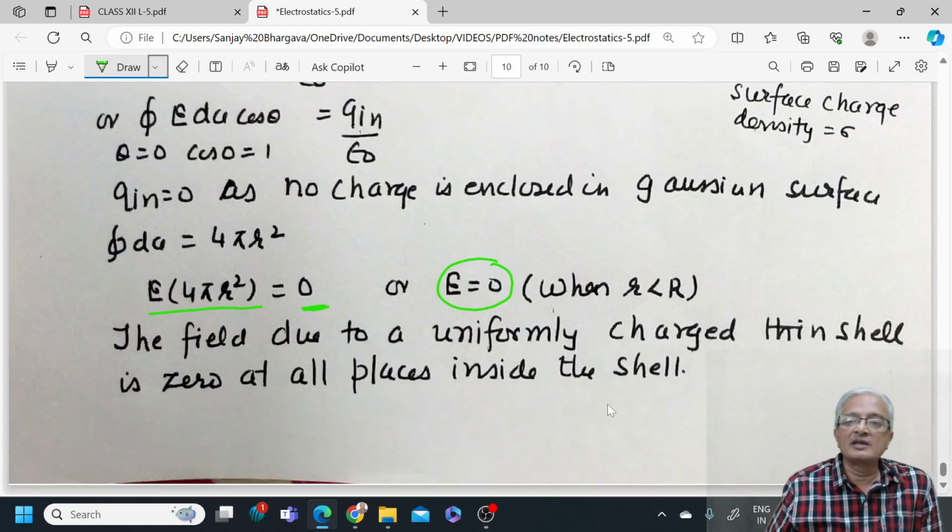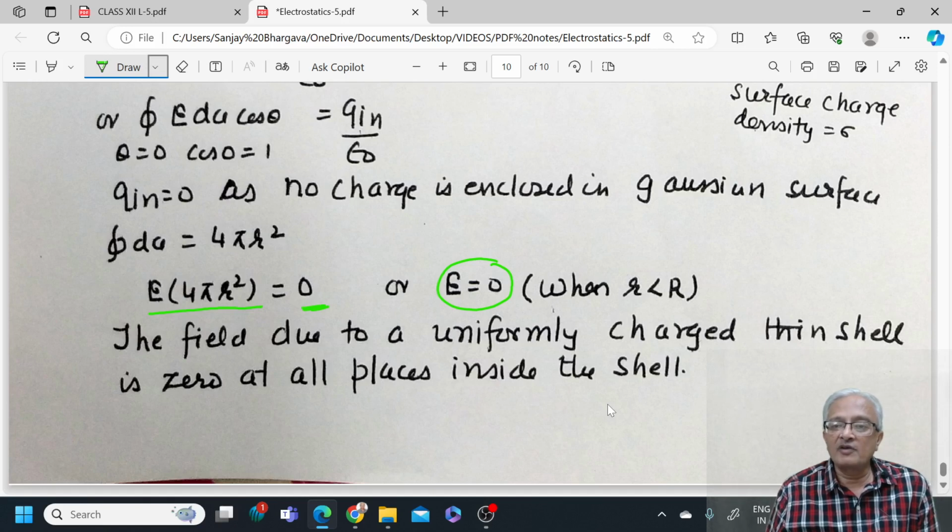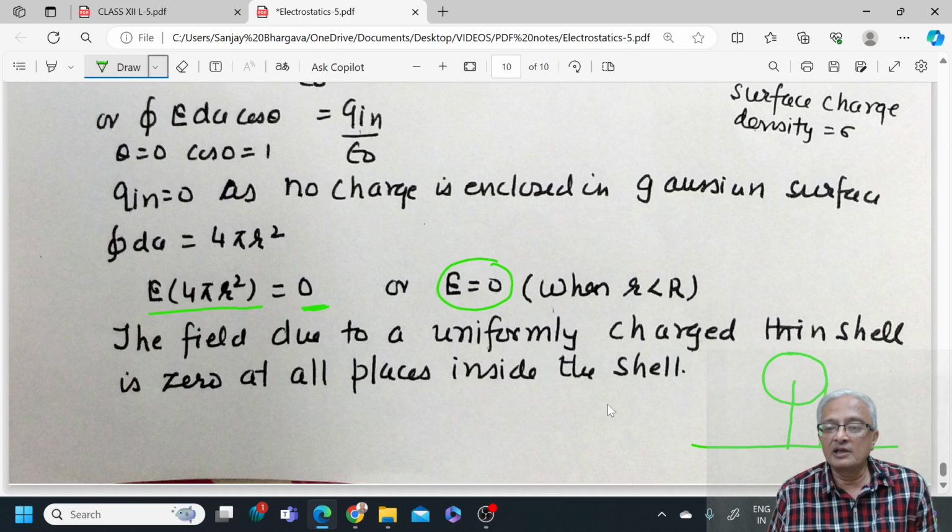I can imagine like this. Suppose I have a sphere here. So I can always plot a graph. Now remember, at this point, that is the surface point, r is equal to R. This is also a point on the surface, r is equal to R. Inside, the electric field is 0.